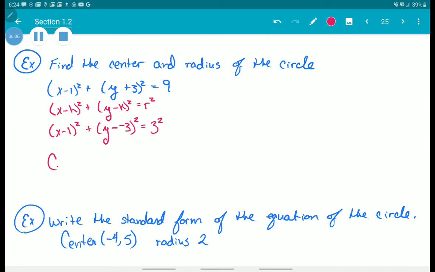So then my center is at the point (h, k), which is (1, -3). Remember, h is the number after the minus sign, and k, which is negative 3, is the number after that minus sign here. And then my radius is 3.